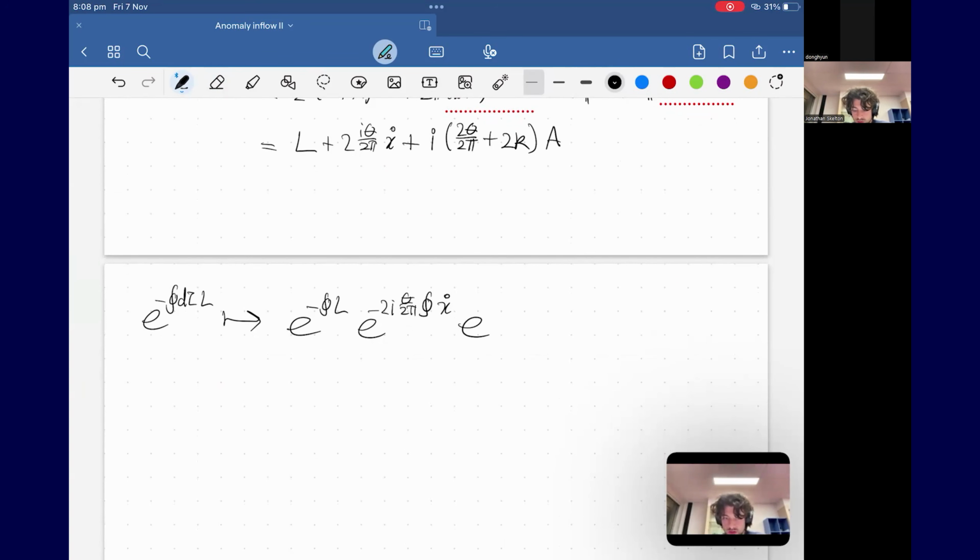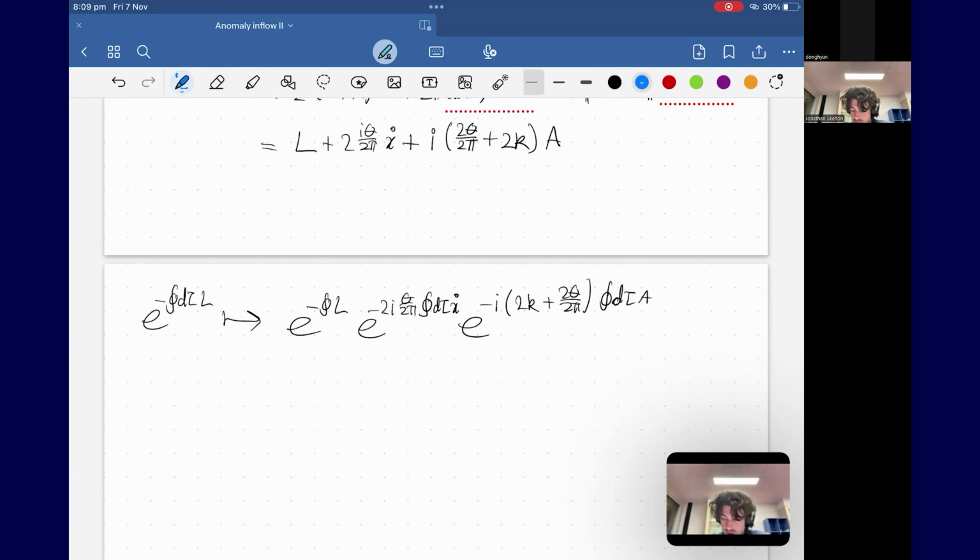So importantly, it's going to be minus i 2 theta on 2 pi plus 2k plus 2 theta on 2 pi integral d tau a. Sorry, I missed one of these.